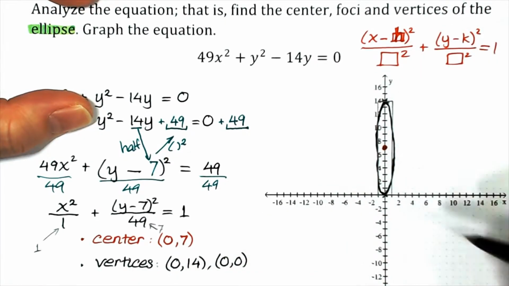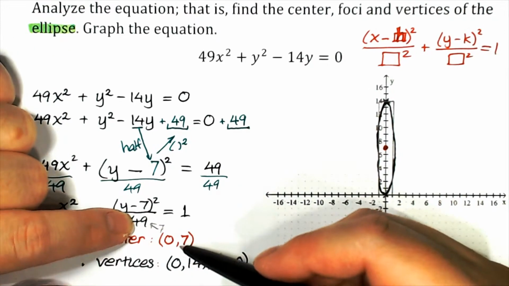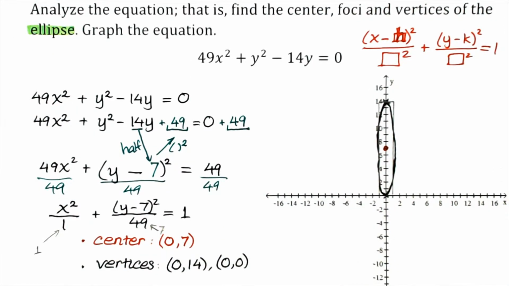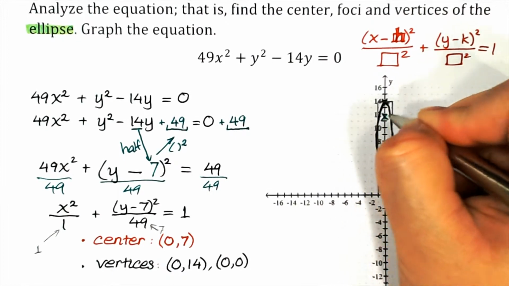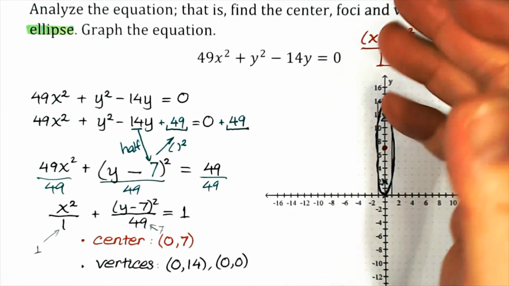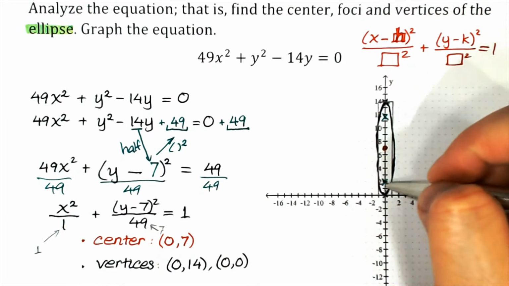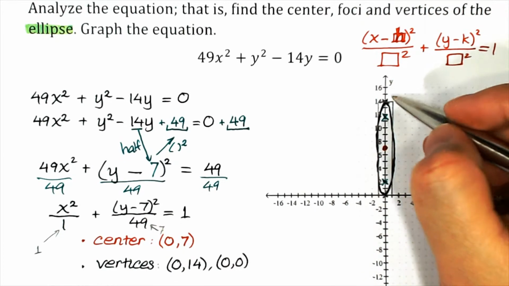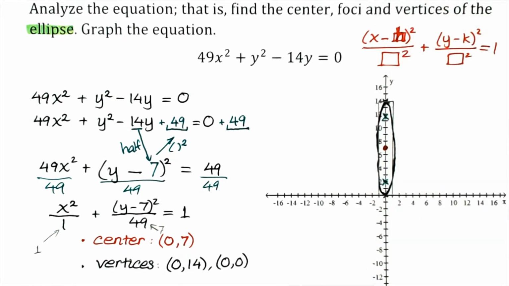So those are two vertices, 7 units up from the center and 7 units down from the center. We have the vertices. And then we just need to find the 2 foci, which will be somewhere in here. What I should say is foci, vertices, and the center must be on the same line.